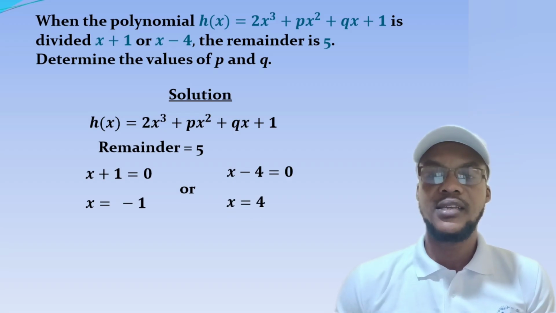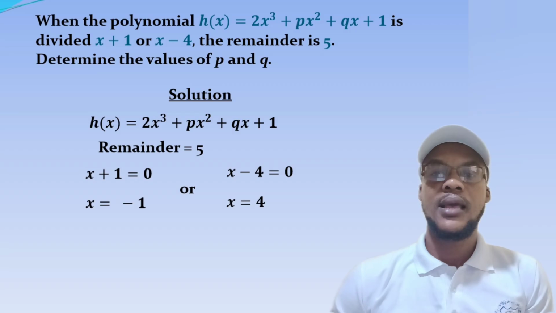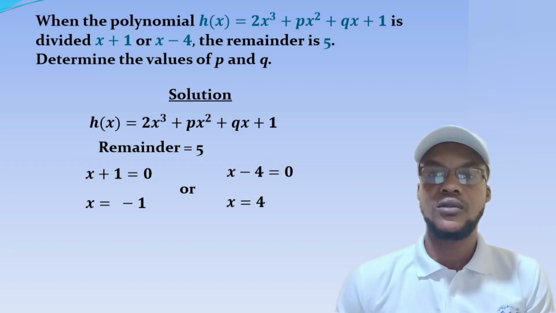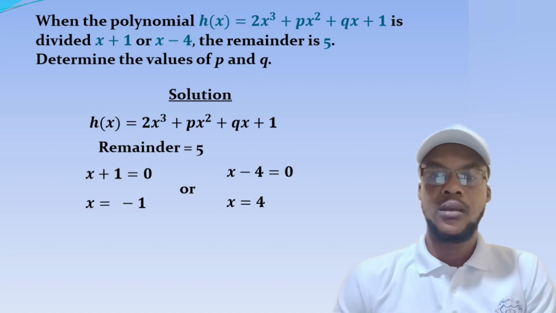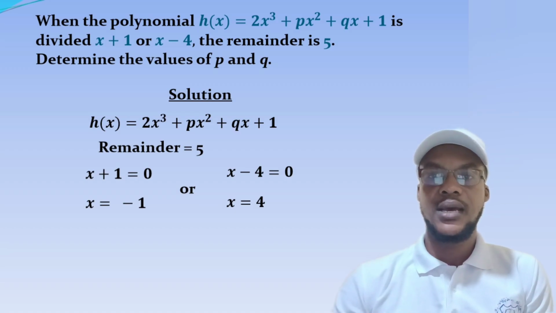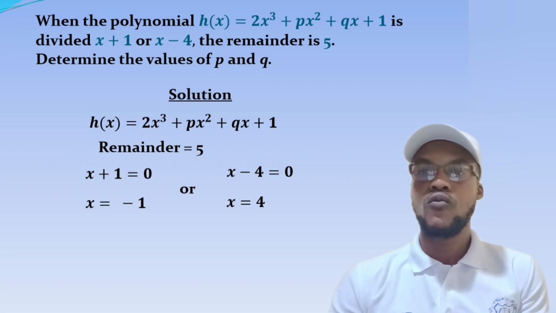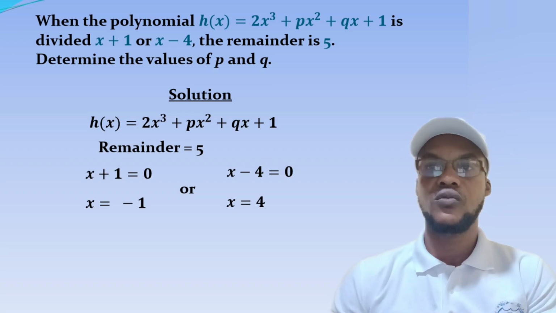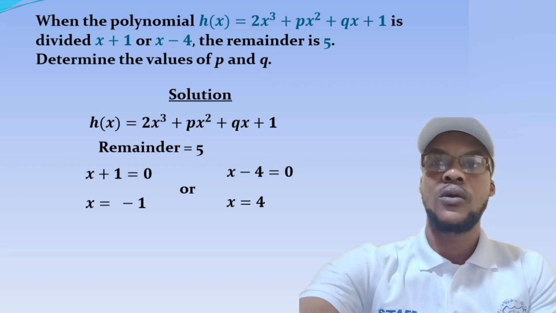So these are the two values of x. These are the zeros of this polynomial function. We are going to substitute these two values so that we see which values will be p and q. That is what we are going to do right now.